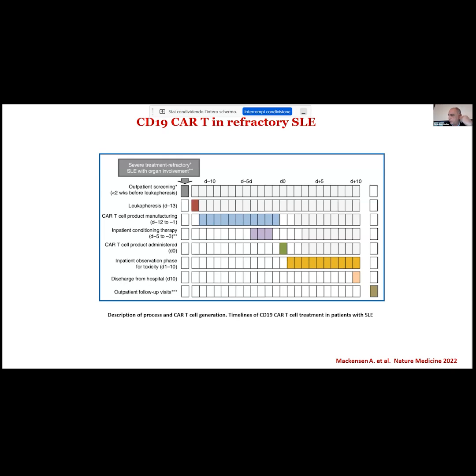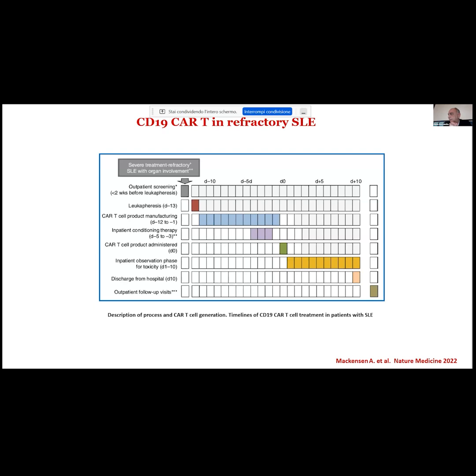So this was planned to enhance the in vivo expansion of CAR T cells. But the role of this strong immunosuppression is not quite addressed in the evaluation of this therapy.